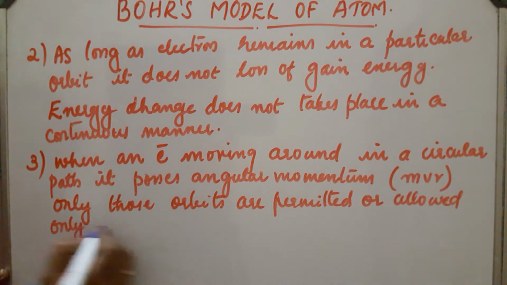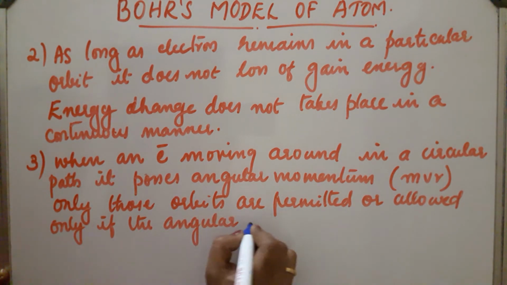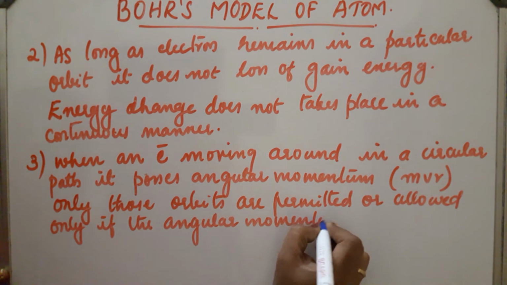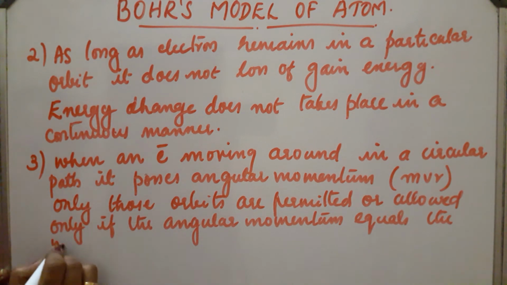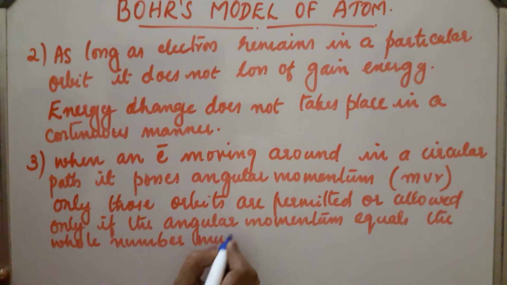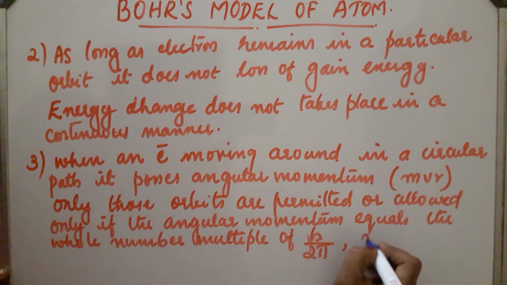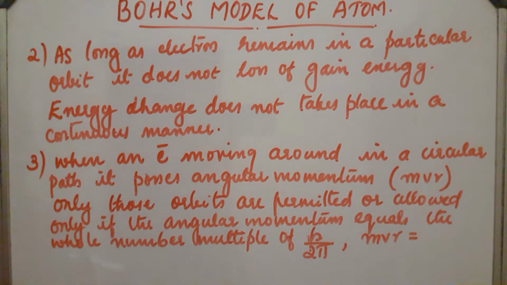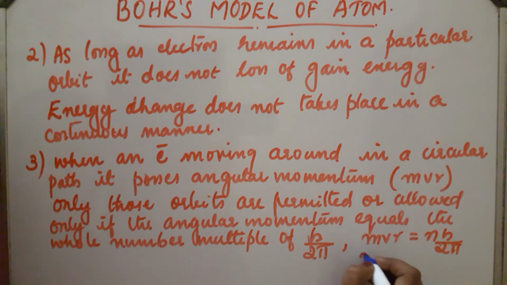That means we can say mvr is equal to n into h by 2 pi, where n will be 1, 2, 3, etc., whole numbers.